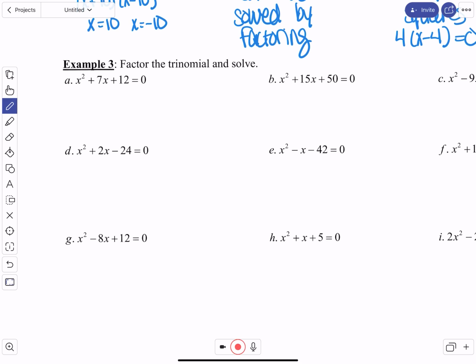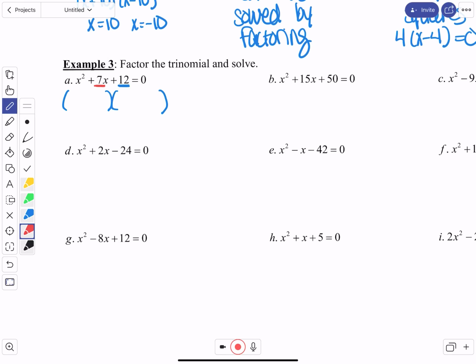What you want to do is you always want to set up 2 parentheses, and you want to think of 2 numbers that multiply to be 12 and add to be the middle number, so add to be 7.